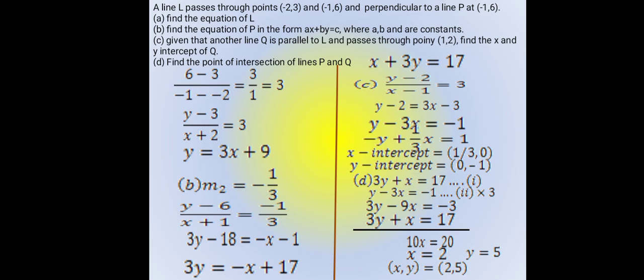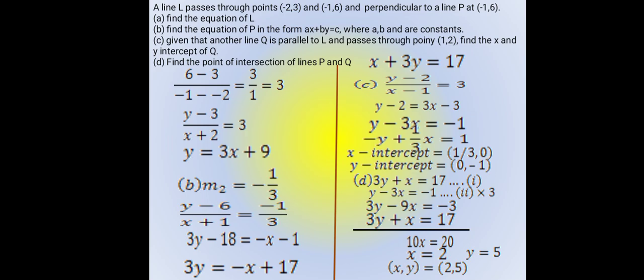Now, having that, and we know it passes through (-1, 6), we can find the change in y equated to the gradient negative a third, and that becomes the equation of the line, which is 3y equals negative x plus 17.